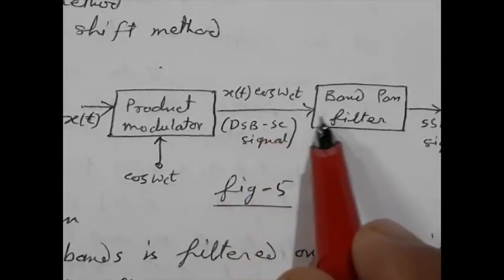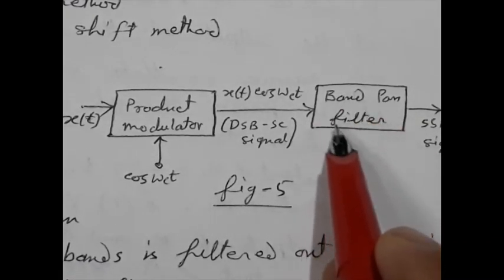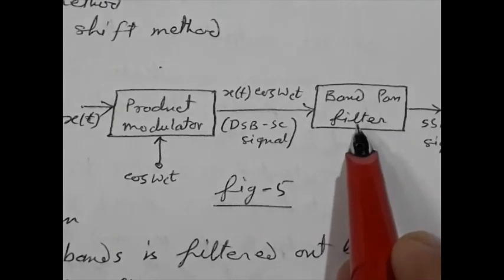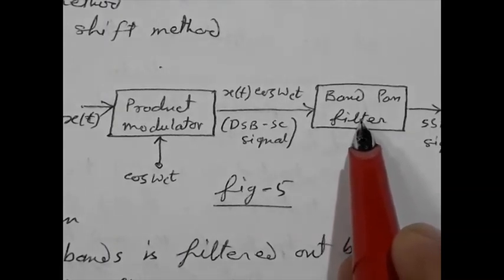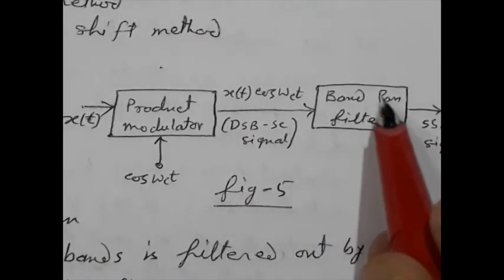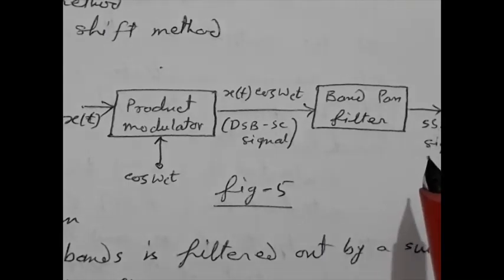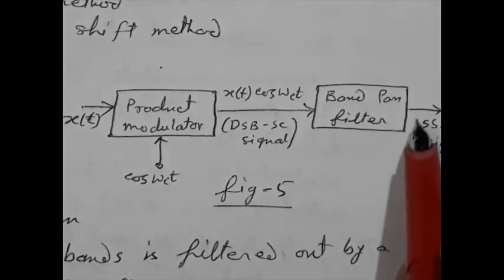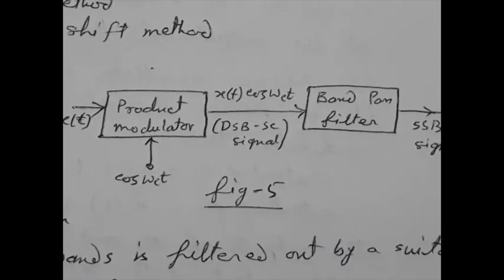One of the sidebands must be suppressed by this bandpass filter, and this bandpass filter is actually allowing one sideband, and it will prevent the other sideband to go. So if we can suppress one sideband, what we will get is the SSB-SC. So this is a simple technique of generation of the SSB-SC signal using frequency discrimination method.